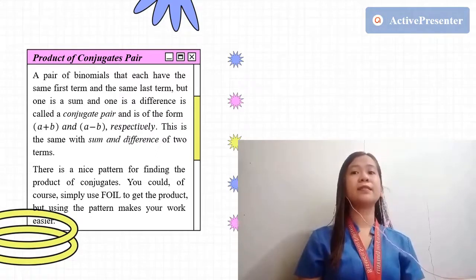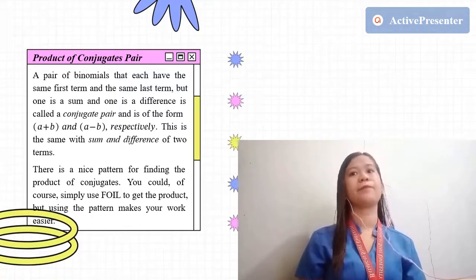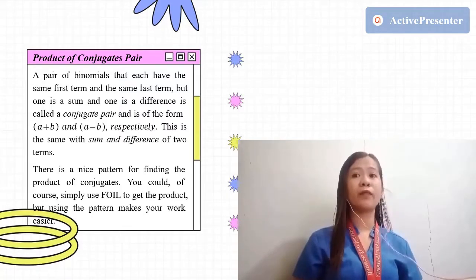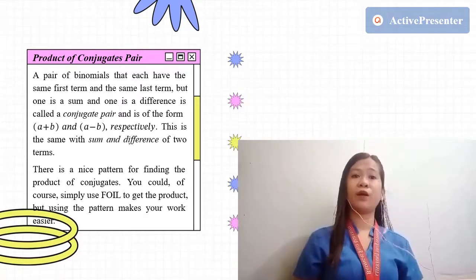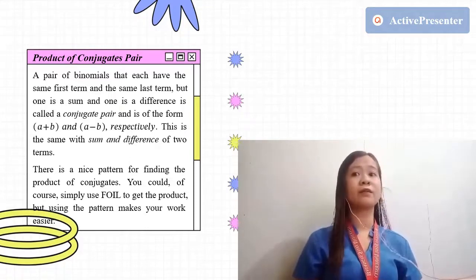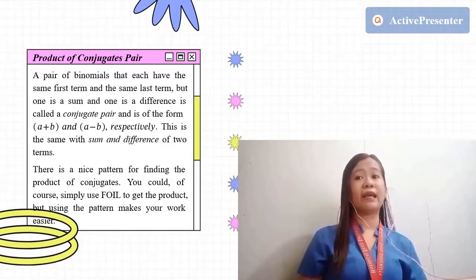This is the same as the sum and difference of two terms. There is a nice pattern for finding the product of the conjugates. We can simplify this by the use of the FOIL method, but using the pattern makes the work easier.